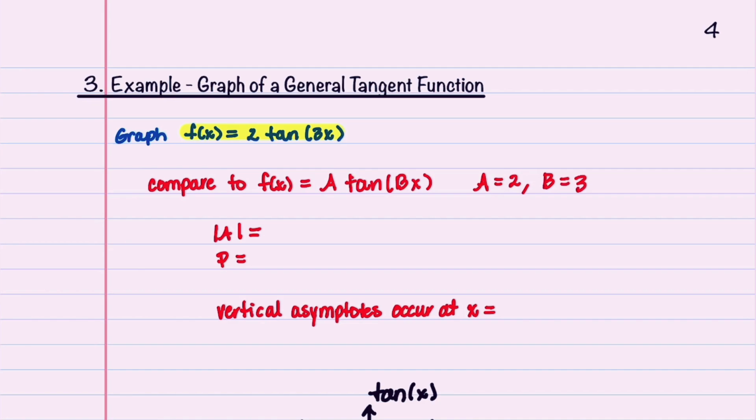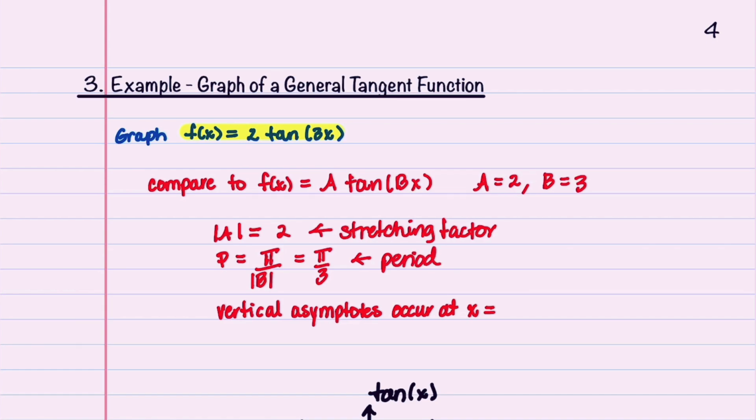The absolute value of a is going to be equal to 2, and this is our stretching factor. It's greater than 1, so this tangent graph is going to get steeper quicker than the regular tangent graph. Our period is equal to pi divided by absolute value of b, which is pi over 3, and this is our period.